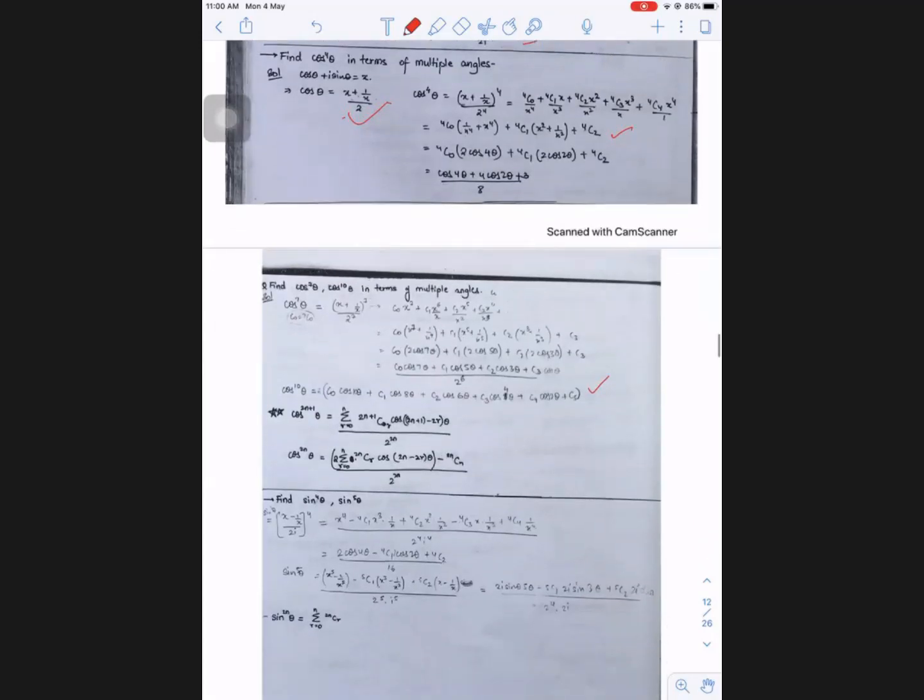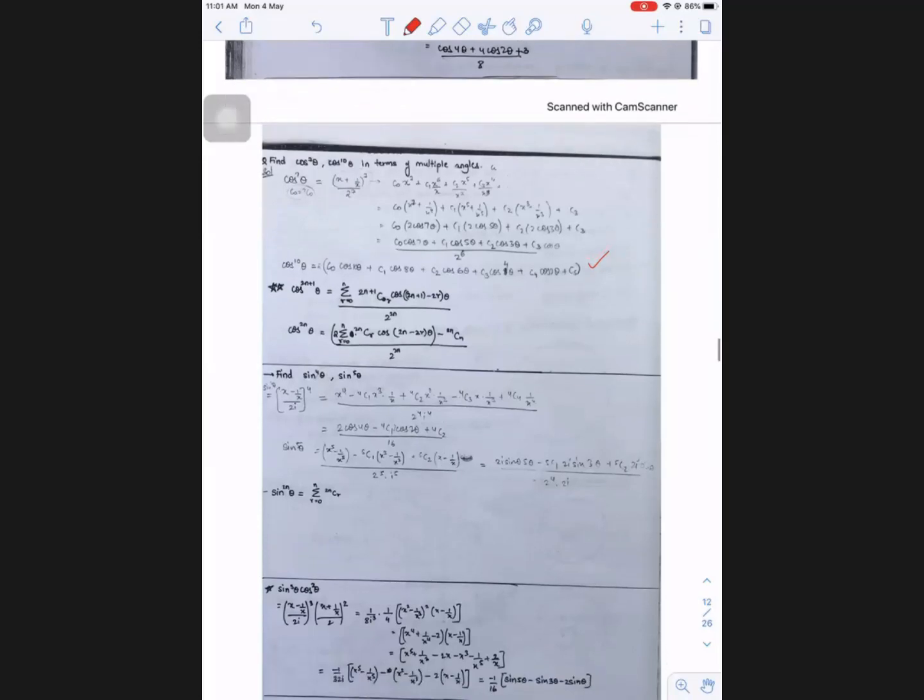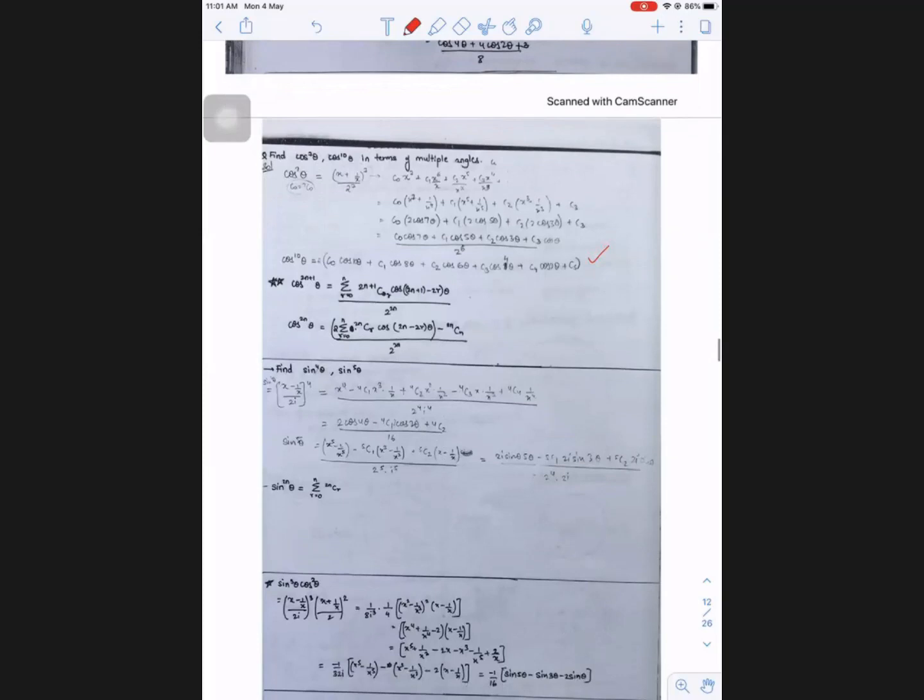So substitute the result. In the same way, for cos power 7 theta, we take (x plus 1 by x) power 7, and we get like this. Just by observing the previous results, we write the general expansion.